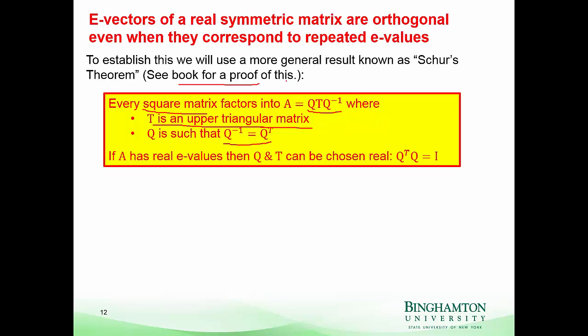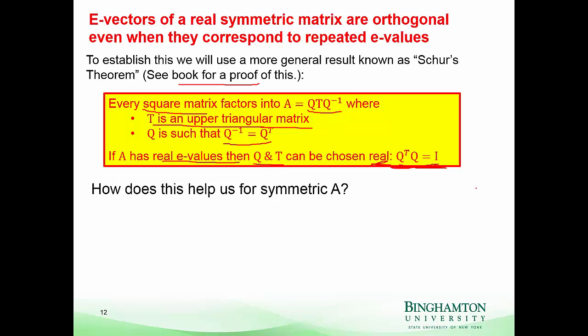And it goes on further. It says that if A has real eigenvalues, then Q and T can be chosen to be real as well. So that's good. And we get that Q transpose is actually equal to the inverse, which we stated up at the top as well.